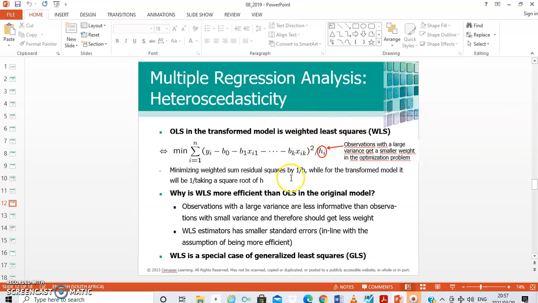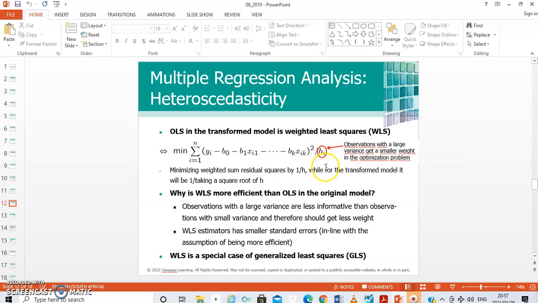Now, remember that with the usual OLS, we take the summation of the errors and minimize them, because we want a small variation between the actual and expected. In the case of weighted least square, we are minimizing the weighted sum of squared residuals, where we assign weights.